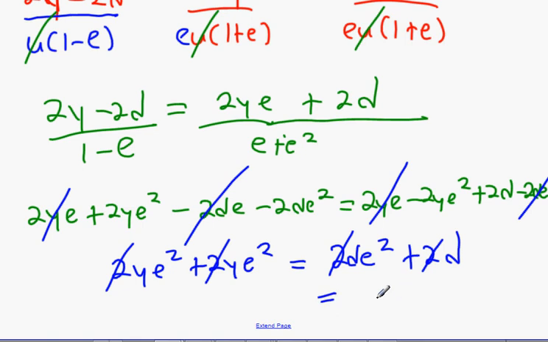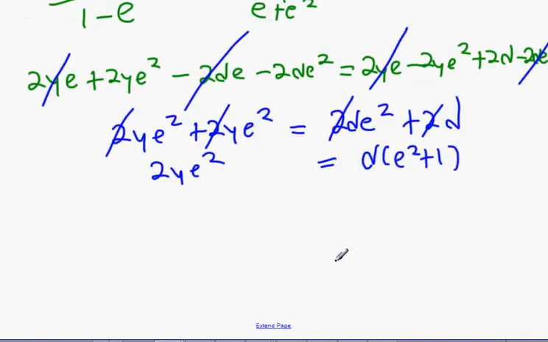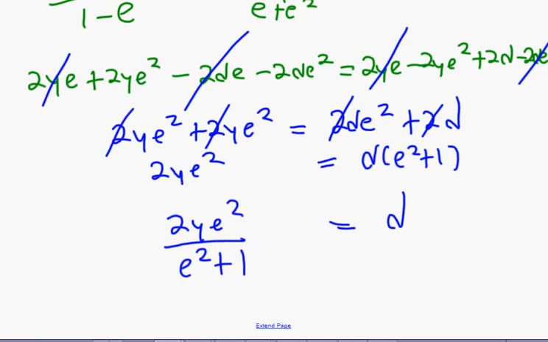And then we should get d into e squared plus 1 equals 2ye squared. Therefore, am I correct with this? d equals 2ye squared all over e squared plus 1.